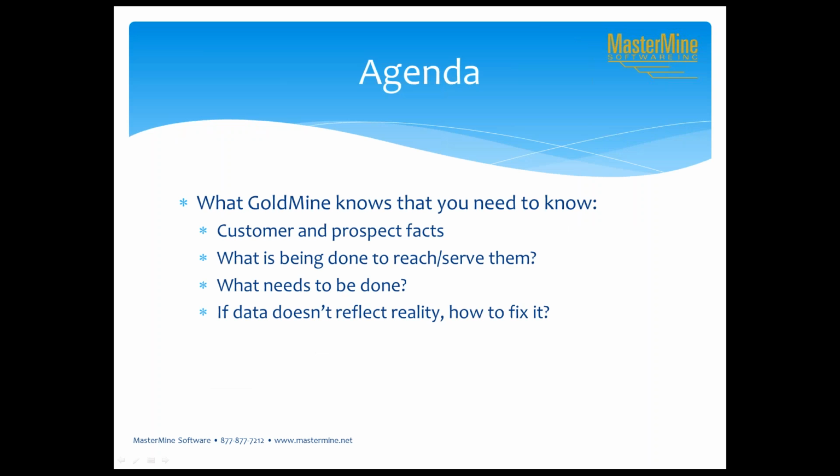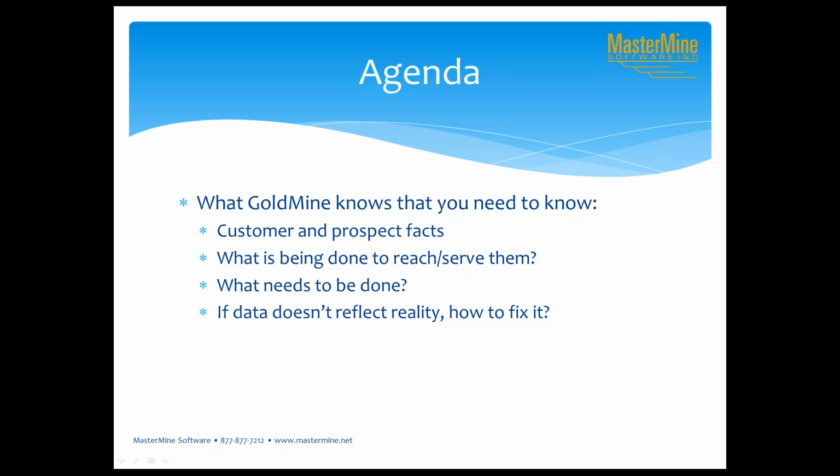So our agenda for today, we're going to talk about what GoldMine knows that you need to know and how you can find out that information. We're talking about really different levels of GoldMine usage or GoldMine understanding. So first off, I will go into customer and prospect facts. That is simply the information that you have in your GoldMine data that's typically at the top part of the screen, as well as some of the information that you might have on custom screens if you've got them.